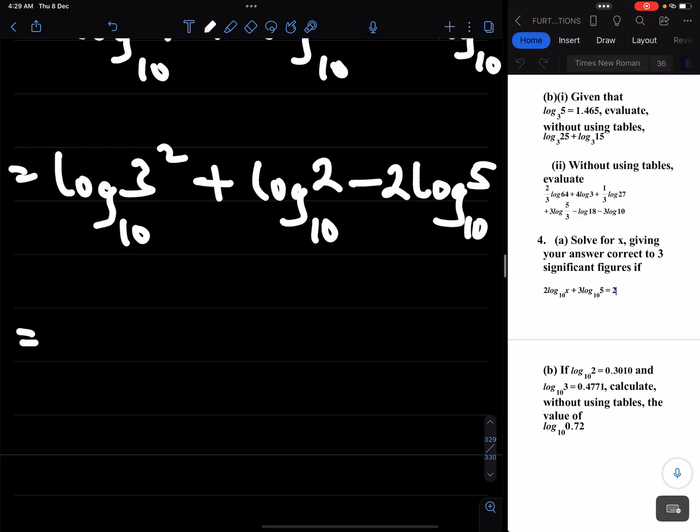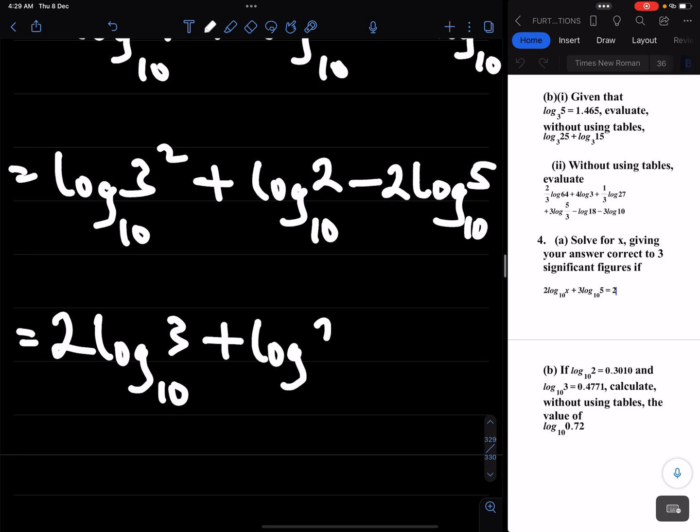And finally, this is the same as 2 log 3 base 10 plus log 2 base 10 minus 2 log 5 base 10.